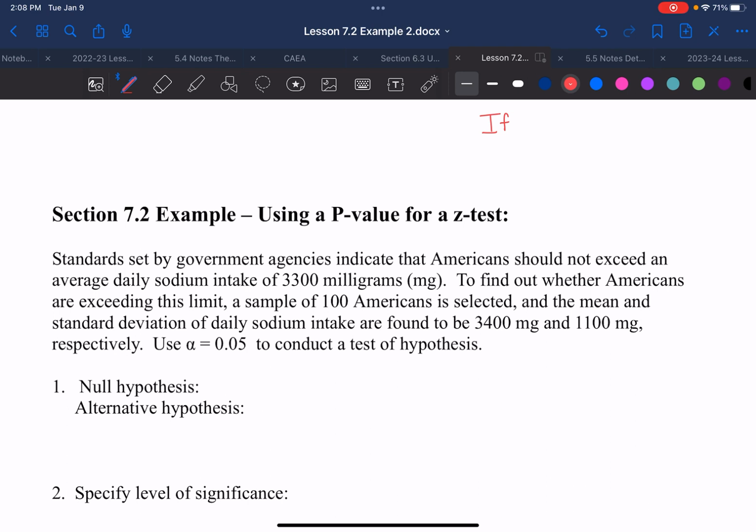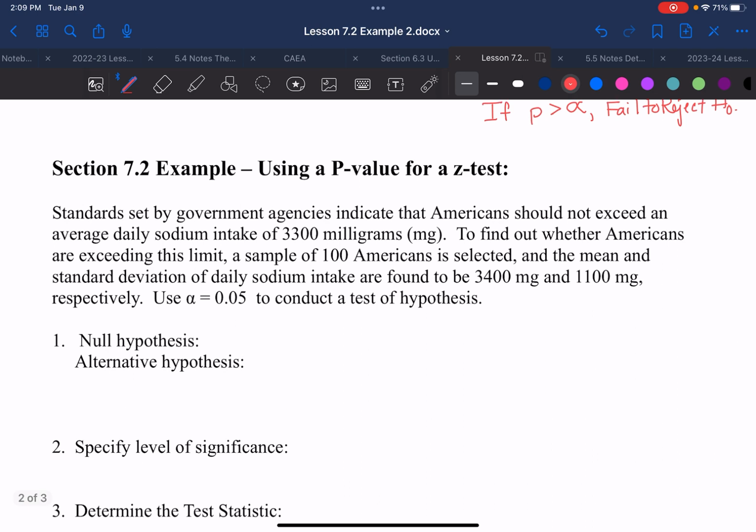When we calculate our p-value and that value is less than or equal to alpha, that makes the decision to reject the null hypothesis. However, if our p-value turns out to be greater than our alpha value, then we will fail to reject our null hypothesis and then can finish the decision based off of where the claim will be.